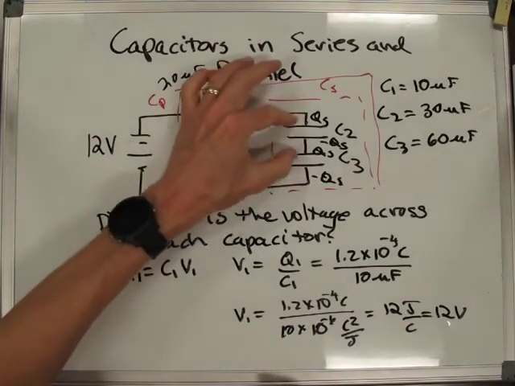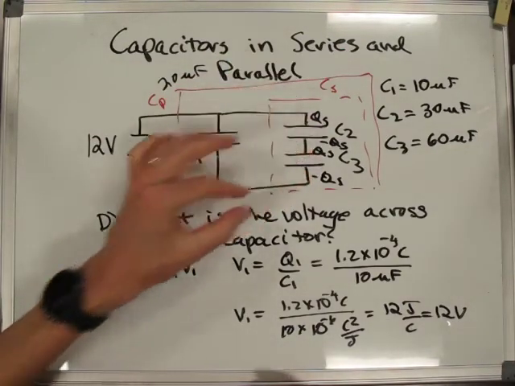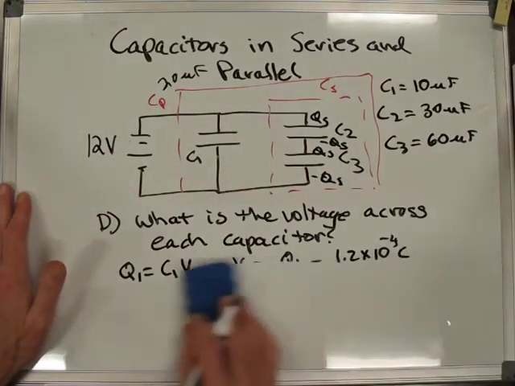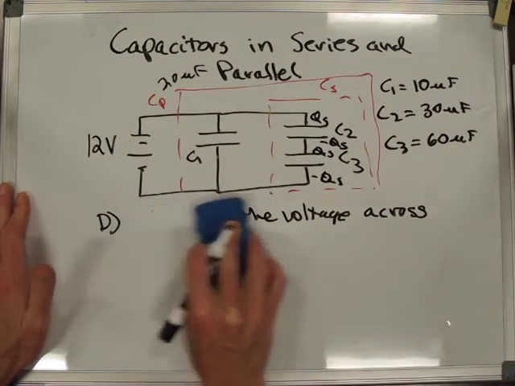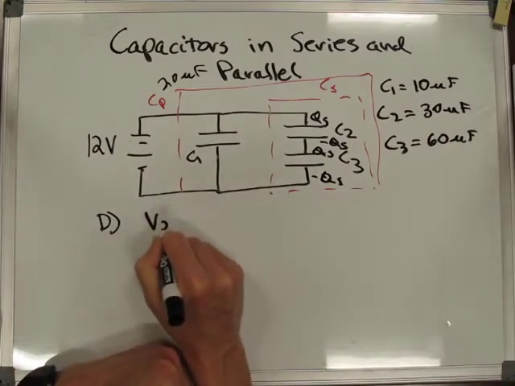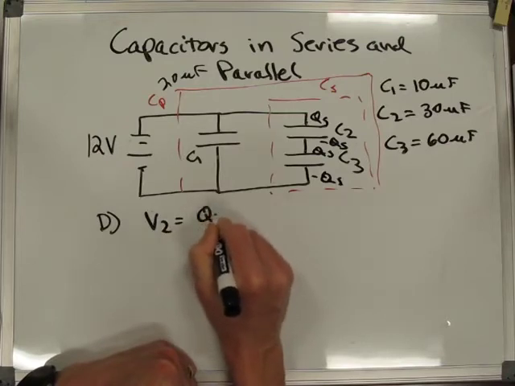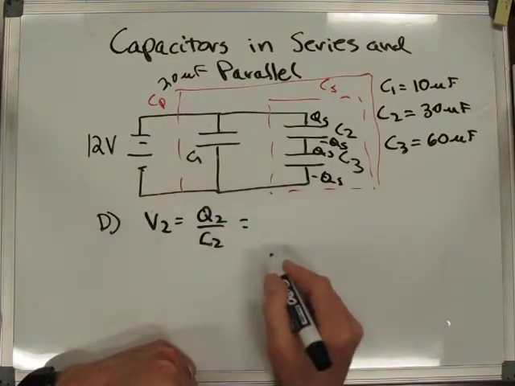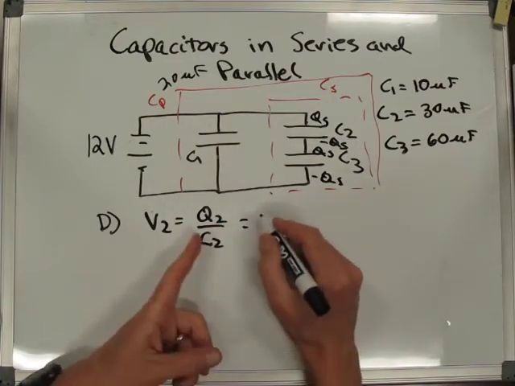It gets more interesting when we evaluate V2 and V3. So let me erase those guys and say, look, V2 is equal to Q2 over C2. Right? And so this we hadn't evaluated already. We did get the charge.